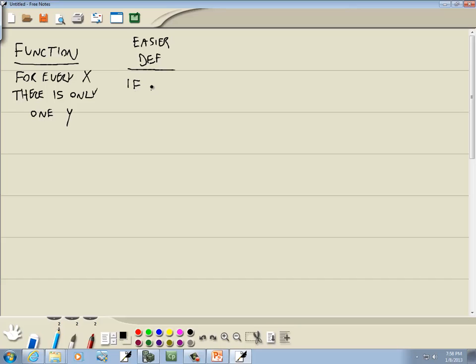If you have one of the following, it is not a function.